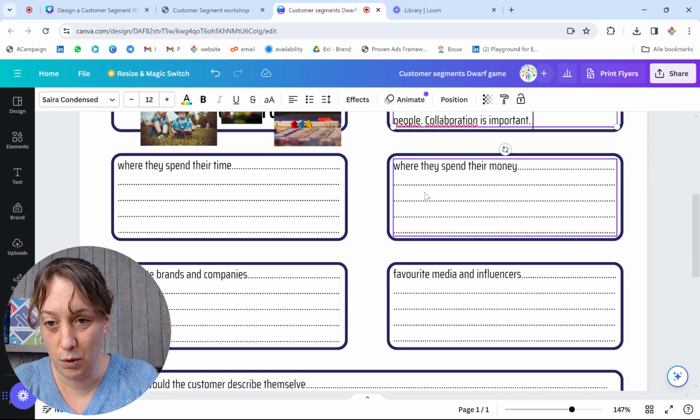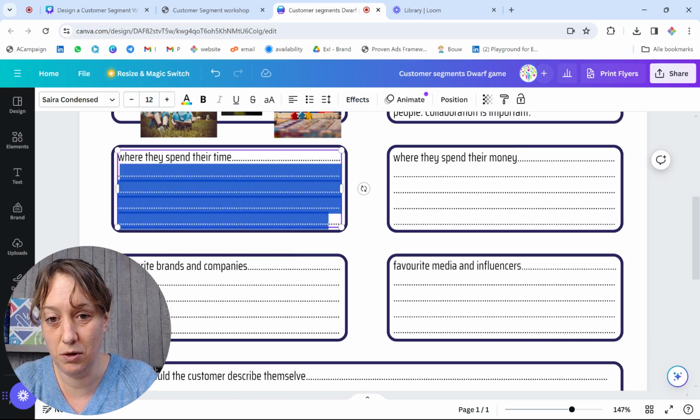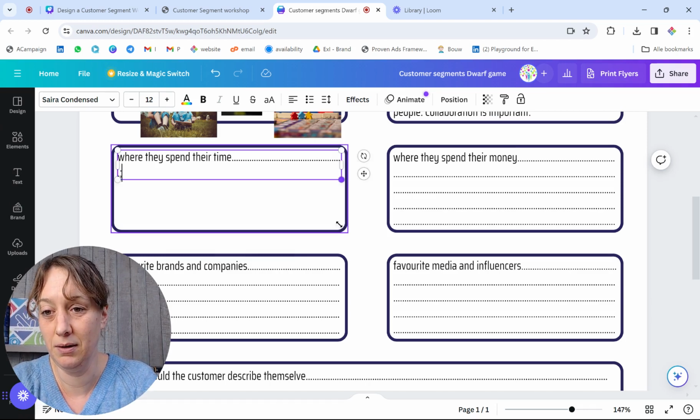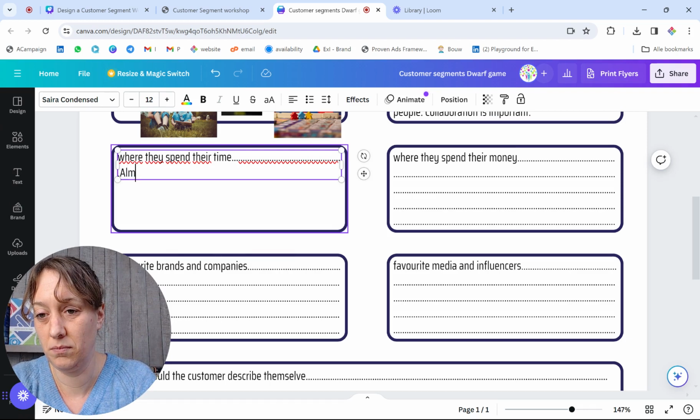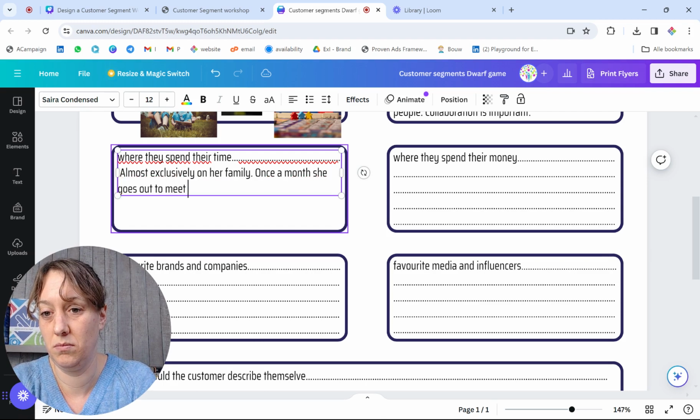So where do they spend their time? Well, in the weekends, her time goes almost exclusively to her family. Once a month, she meets friends. And she plays sports with her children.